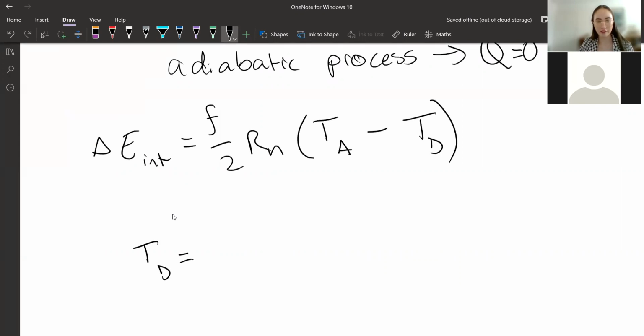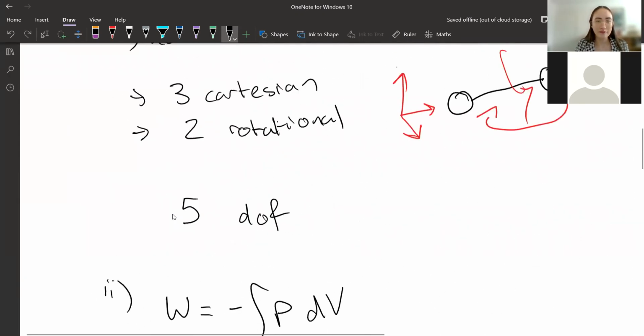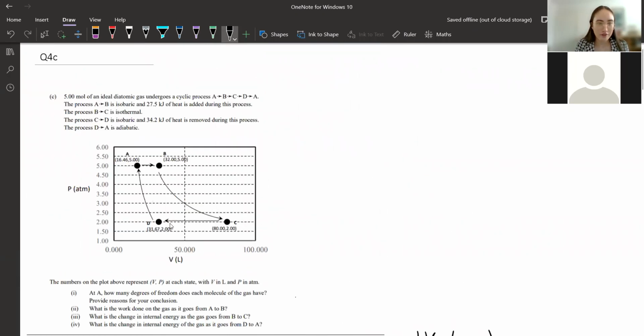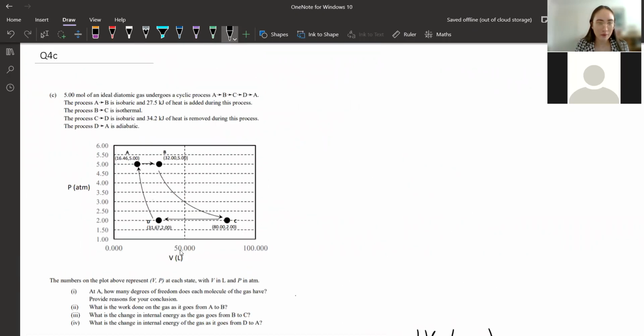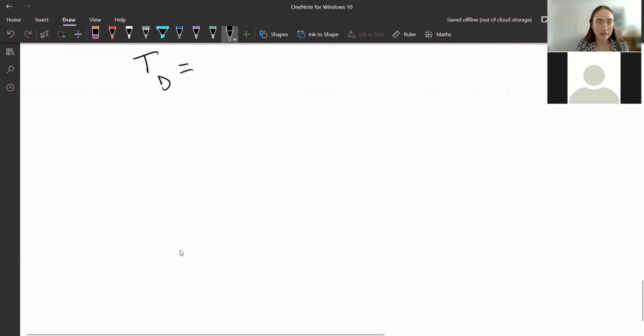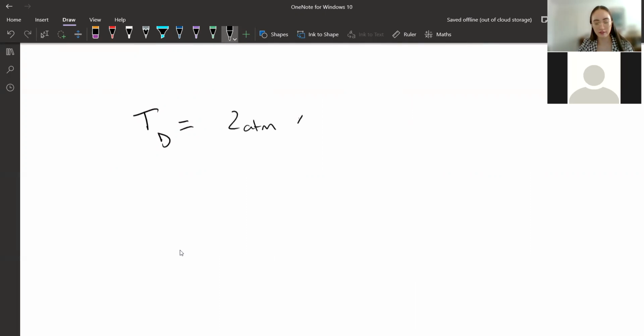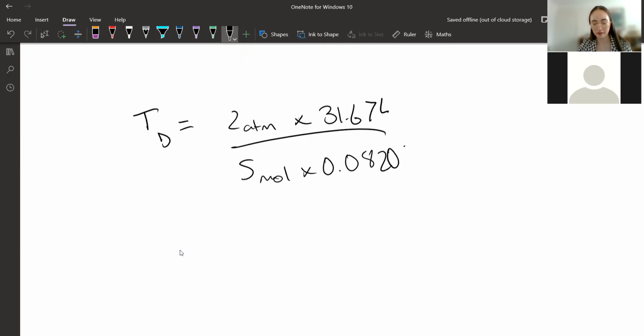T D is going to be, what are our values? 2 atmospheres and 31.67 liters. 2 atmospheres times 31.67 liters over 5 moles times 0.08206, since we're in atmospheres, liters, kelvins, and moles, and that is equal to 154.4 Kelvin.